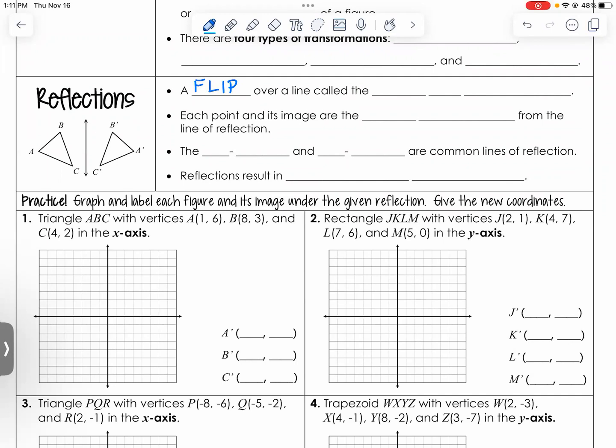Okay. We're going to flip over what we call the line of reflection. Okay, write it down and then I'll show you what I mean.